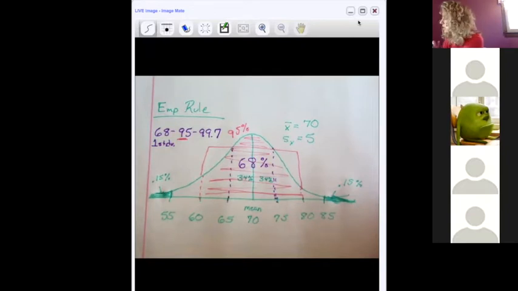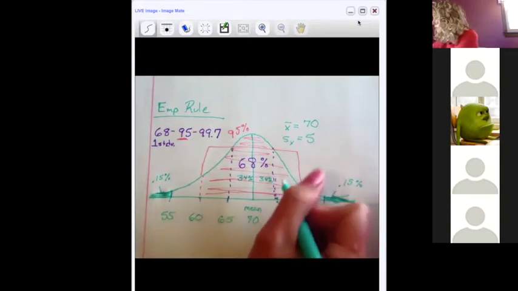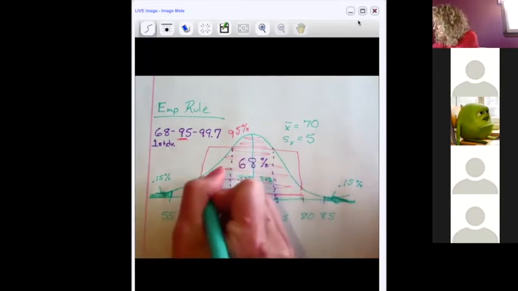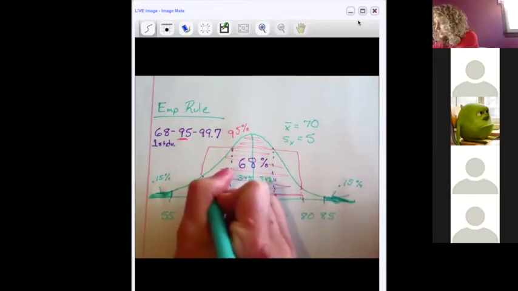So let's see, 95. Let's do a quick breakdown of each one of these sections. Make sure I don't tell a lie. So if this whole portion here is 95%, well, 68% of it's here. That means I've got 27% left over. So if I split that in half, this little sliver between 60 and 65 is 13.5.